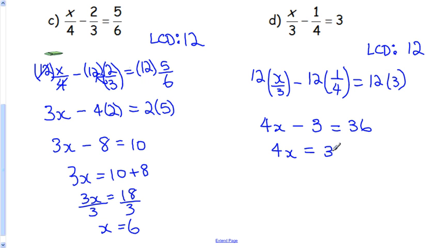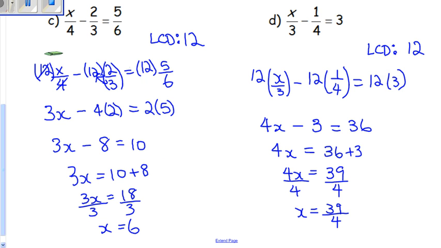It becomes plus 3. So 4x is equal to 39. Divide by 4, divide by 4. So then x is equal to 39 over 4. And that is the final answer there.